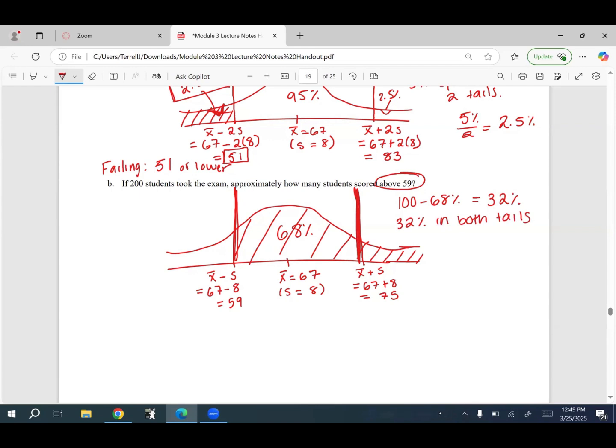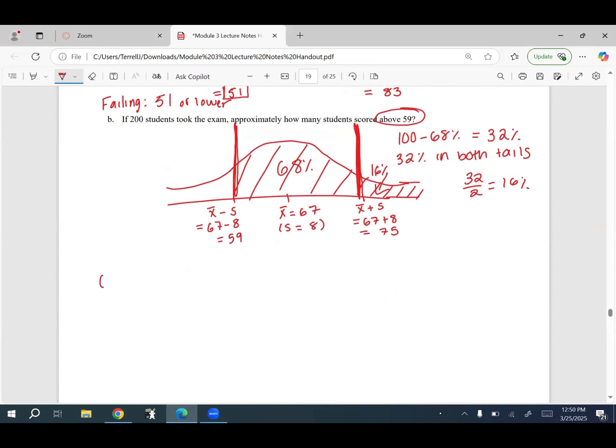If you add up both tails, they add up to 32%. But I only want this right tail. So let's do 32 divided by 2. That's 16%, which means this is 16%. So this shaded piece is 68 plus 16, which is 84%.